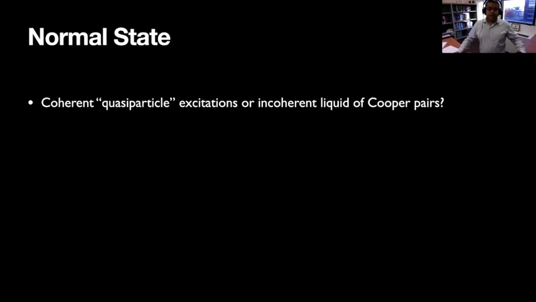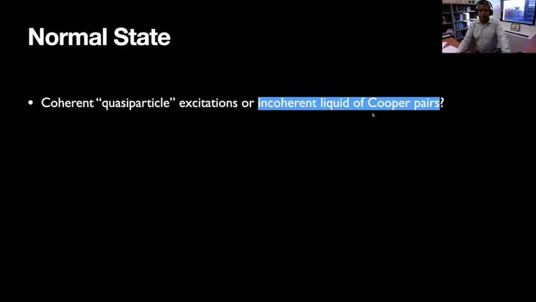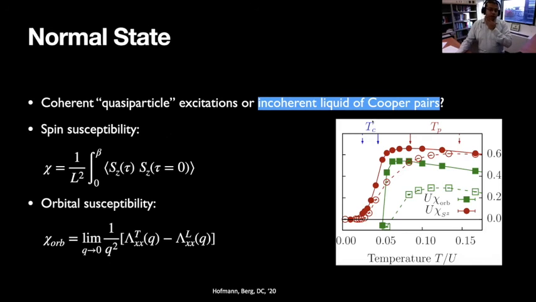So the question is, does the normal state have sort of coherent, long-lived quasi-particle-like excitations, or is it some incoherent liquid of perhaps fluctuating Cooper pairs? And as you can anticipate, it's going to be this here. And the way to diagnose that, again, is to look at various other equal time correlation functions. So two specific correlation functions that we're going to look at, again, is the spin susceptibility.